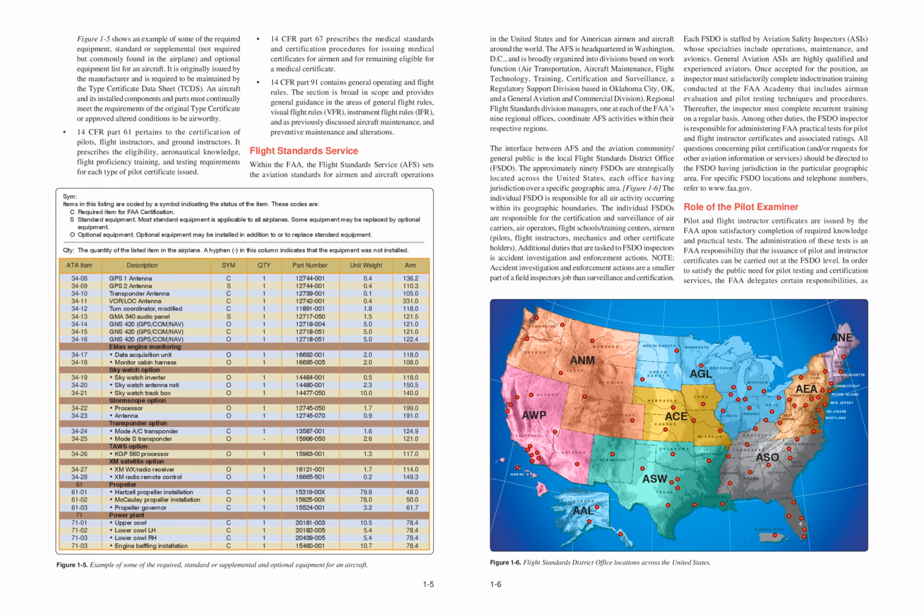GPS 1 antenna, GPS 2 antenna, transponder antenna, bore/lock antenna, turn coordinator, modified GMA 340 audio panel, GNS 420, GPS/com/nav, GNS 420, GPS/com/nav, GNS 420, GPS/com/nav, Emacs engine monitoring, data acquisition unit, monitor cabin harness, Skywatch option, Skywatch inverter, Skywatch antenna, Skywatch track box, storm scope option, processor, antenna transponder option, mode AC transponder, mode S transponder, TOS option, KGP 560 processor, XM satellite option, XMWX/radio receiver, XM radio remote control, propeller, Hartzell propeller installation, Macaulay propeller installation, propeller governor, power plant, upper OCAL, lower CAL LH, lower CAL RH, engine baffling installation.